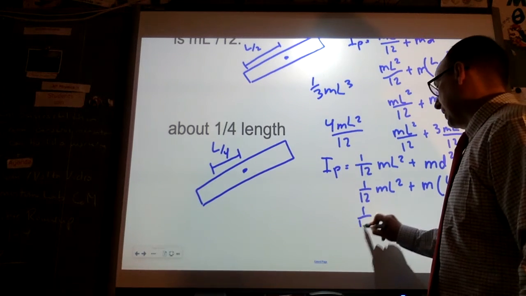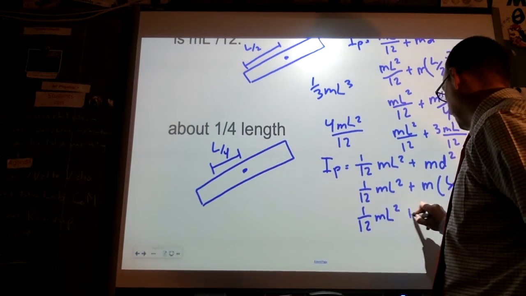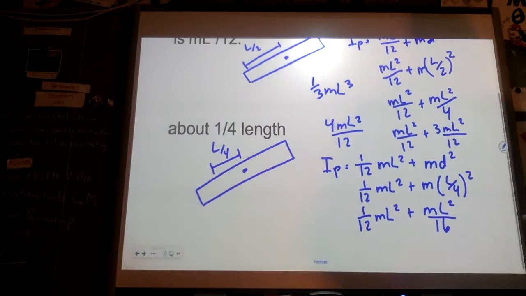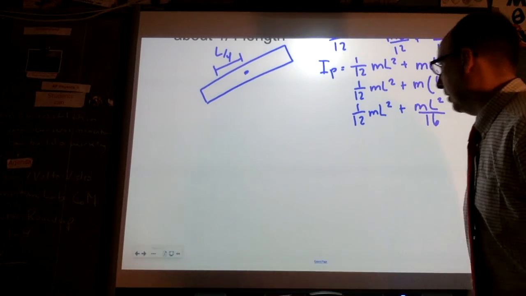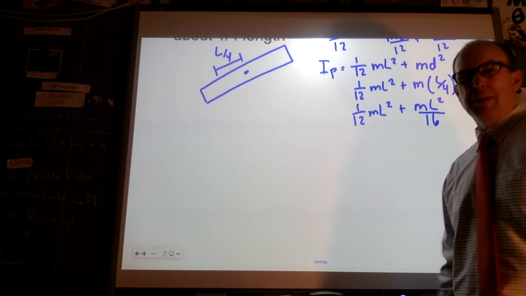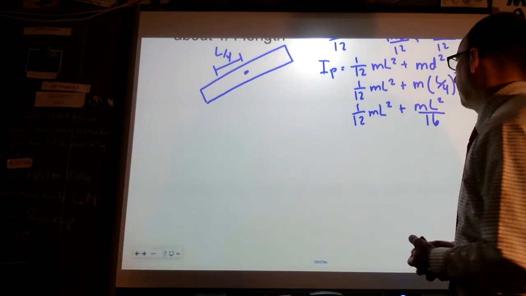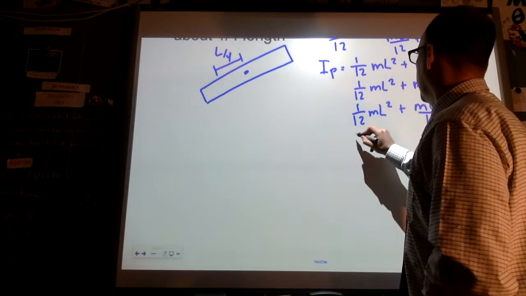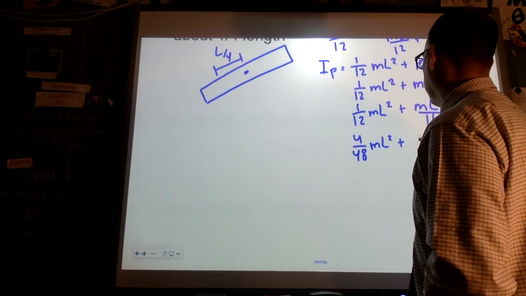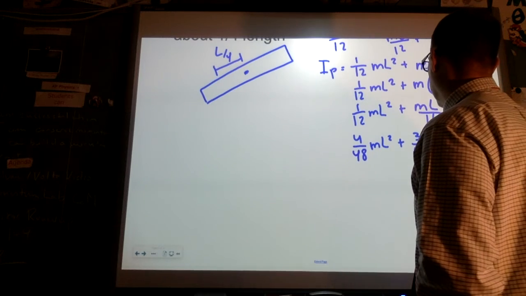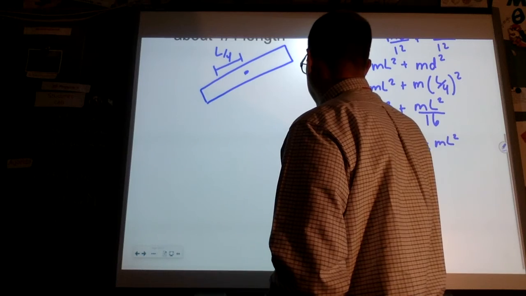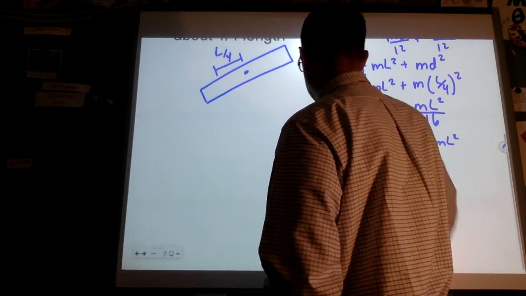And so this is going to be 1/12 ml squared plus ml squared over 16. Our common denominator is going to be 48. This one seems familiar as a multiple choice at some point. So I'm going to have 4 over 48 ml squared plus 3 over 48 ml squared is going to be 7 over 48 ml squared.